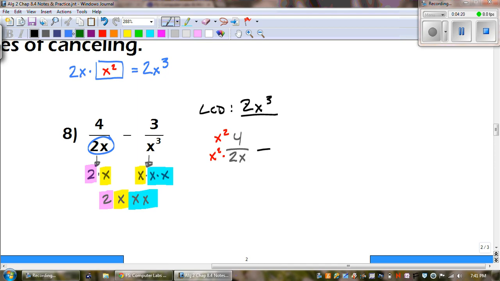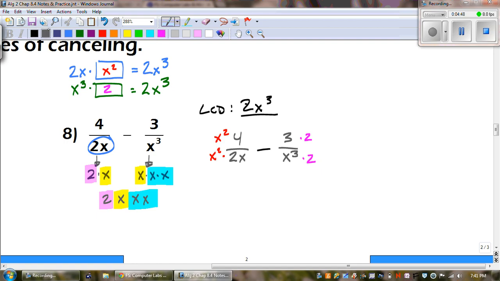Now, our next one, we have x cubed. So x cubed times what is going to give us 2x cubed? There we're going to multiply by 2, so I'm going to multiply by 2 to the top and bottom.